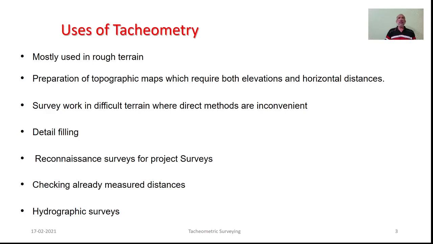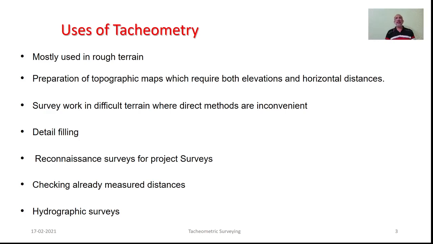There are a number of applications of this surveying technique. However, tachometry is mostly used in rough terrain where direct measurements are not possible. It is helpful for the preparation of topographic maps which require both elevations as well as horizontal distances.